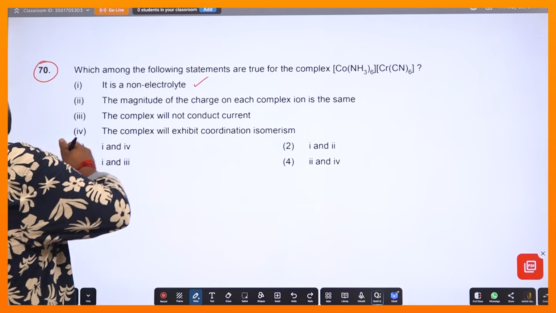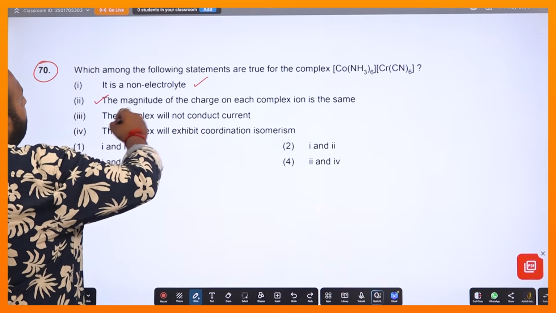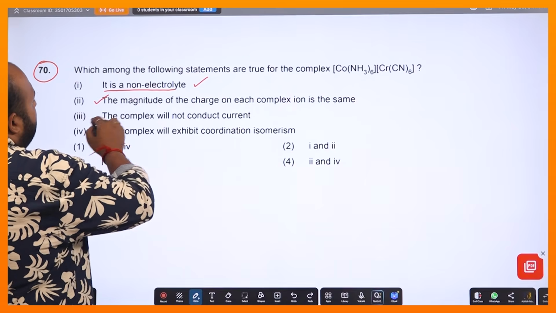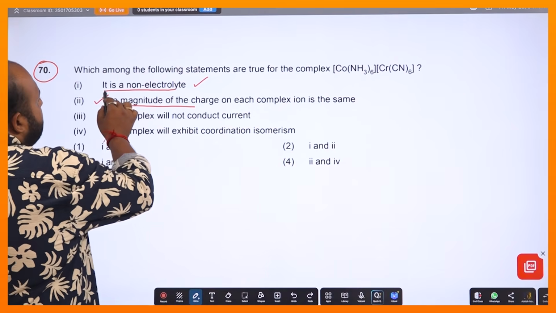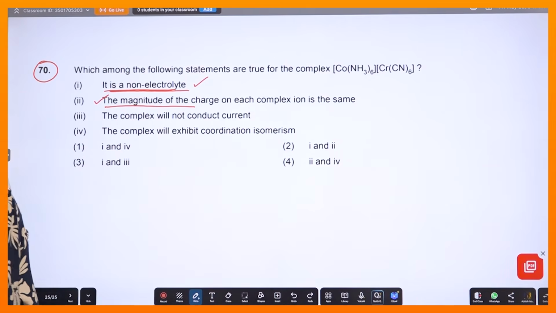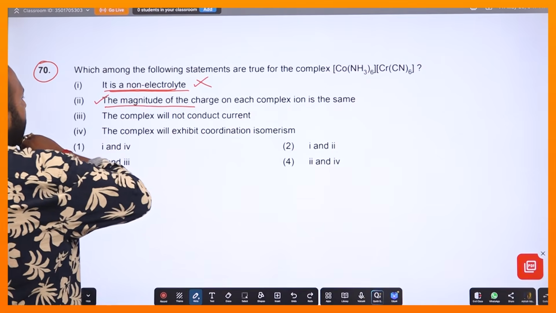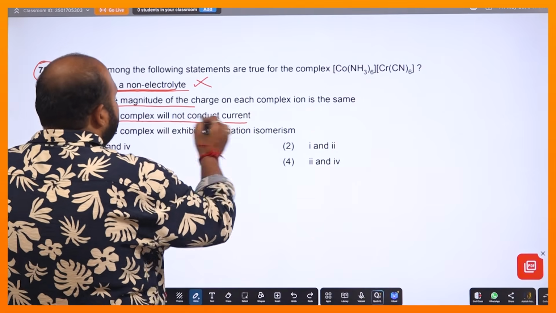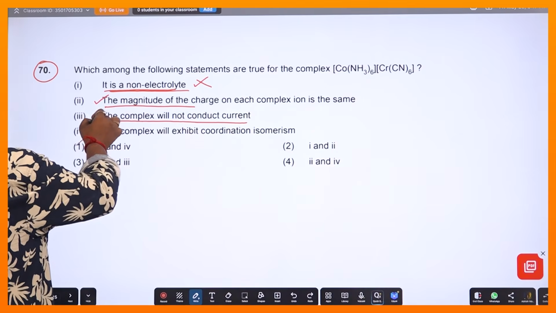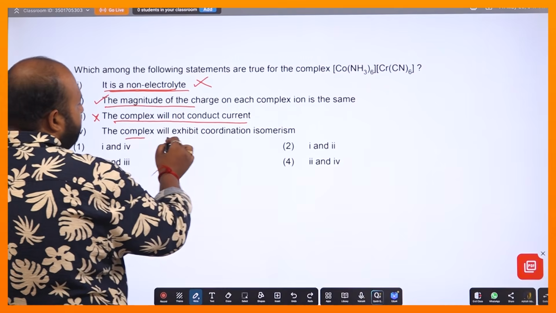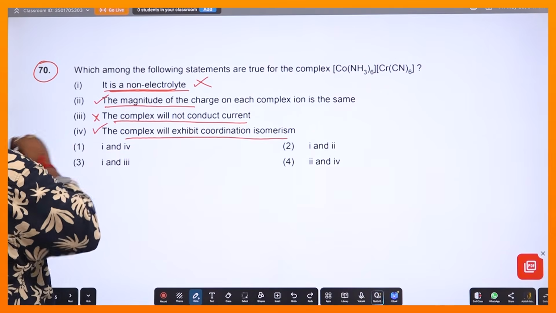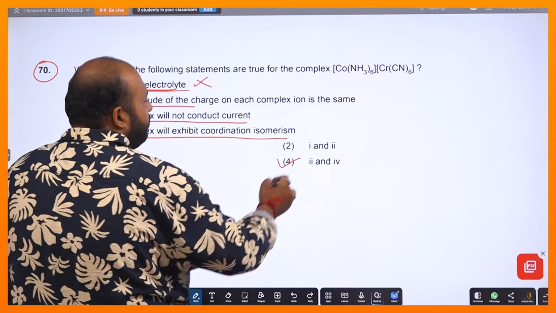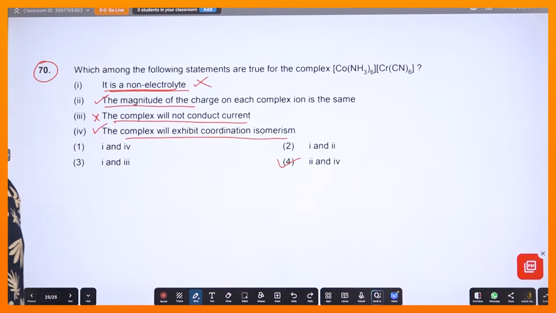Yes. Okay. So you know that it is not a non-electrolyte, and the complex will not conduct current. Okay. And the complex will exhibit coordination isomerism. Yes. So it will be option 4, 2 and 4.